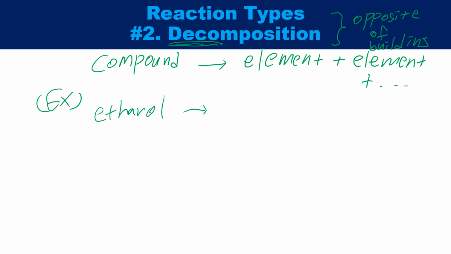The answer is 3 because ethanol is C2H5OH. Generally, it's liquid. Well, it is liquid at room temperature. If you identify what kind of elements I have, we have C, which is carbon, H, hydrogen, and O, oxygen.